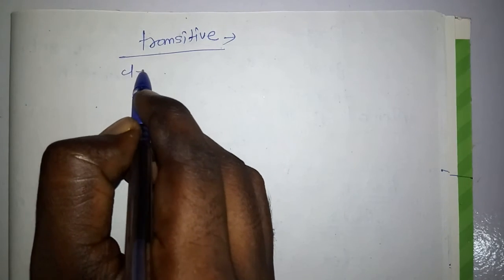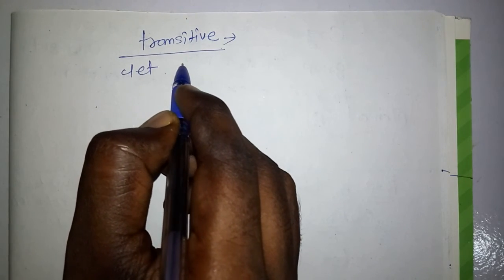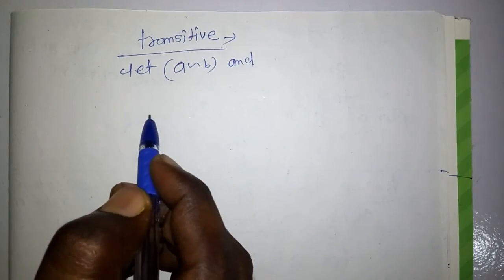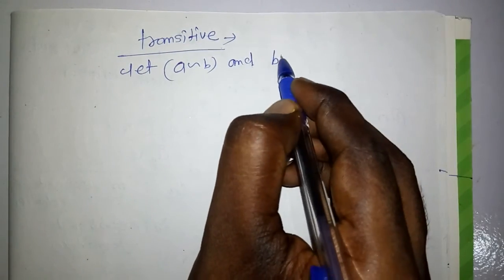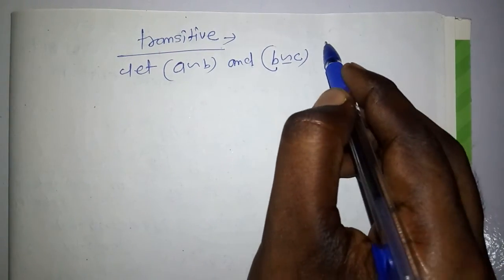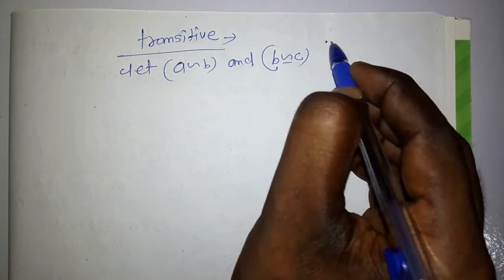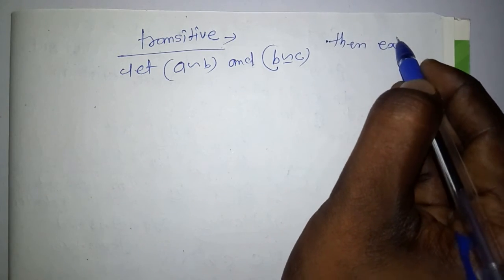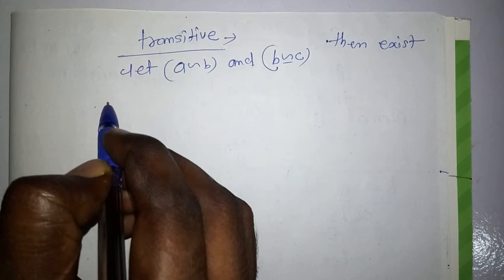let a related to b and b related to c, then there exists x.